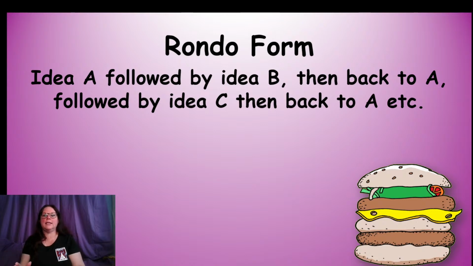Then we'd have idea D, and then you go back to A, and then you'd have E, and then you go back to A, and then you'd have F, and then you go back to A. So rondo form is just different ideas being slotted between idea A each time.